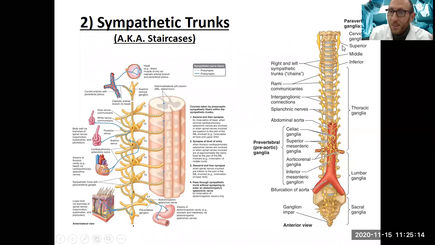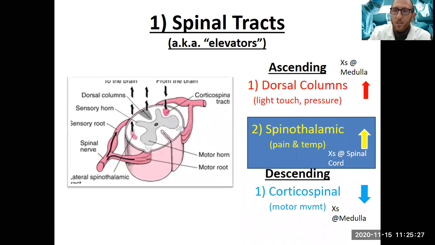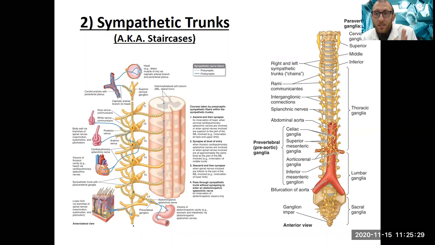And your book does a great job of telling you all about how this is produced and that sort of stuff. But here's the thing. Just like we had elevators, spinal tracts, for this previous information, we have to have a way to vertically move the sympathetic nervous system. And that's through the sympathetic trunks.